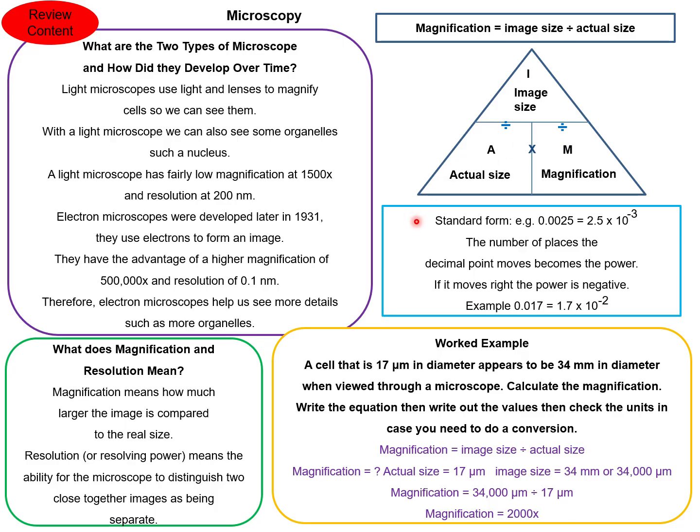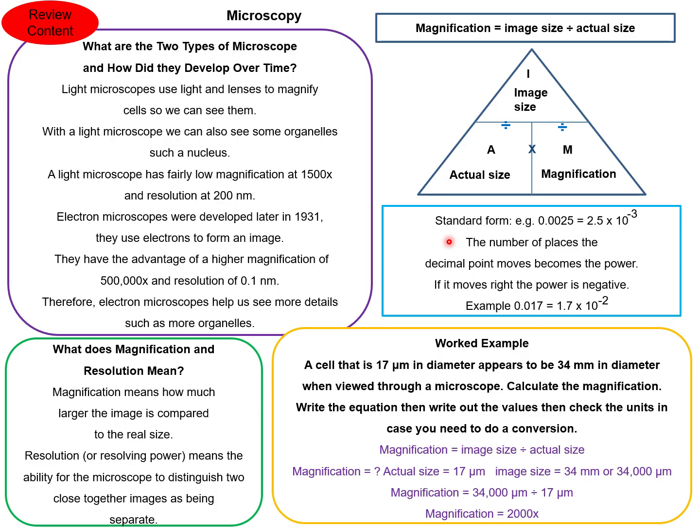Standard form is quite a crucial skill for this topic, so here's a little reminder that the standard form version of 0.0025 is equal to 2.5 times 10 to the minus 3. So this is just a little reminder of this skill. It is covered in maths, it's covered obviously in biology, and there will be a bit of practice coming up on that as well.